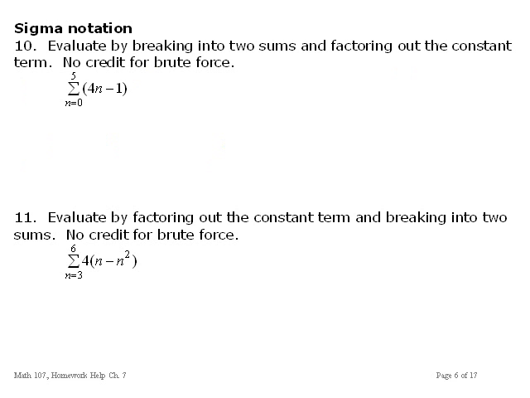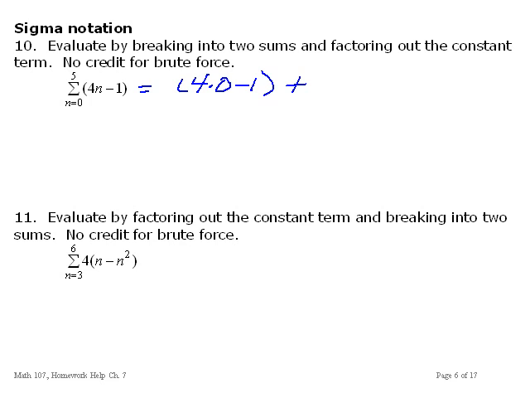Now we have sigma notation. Remember the factorial was associated with multiplication. Sigma is associated with addition. I'm going to do this with brute force, and brute force means just substitute and go. So when n is 0, I put n into this equation. First term is 4 times 0 minus 1.